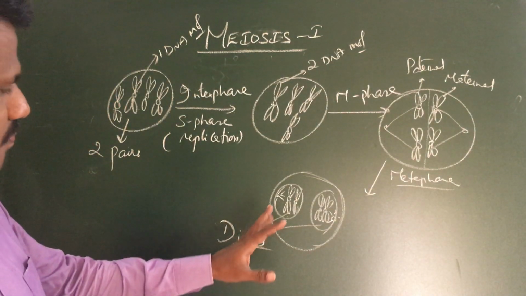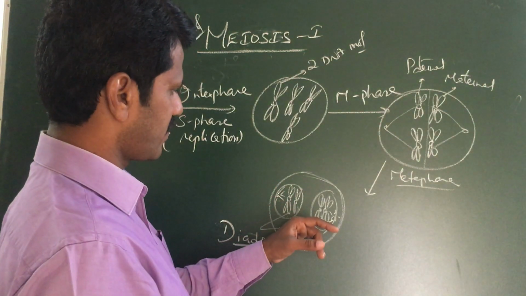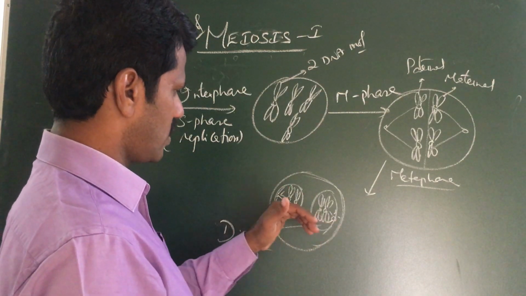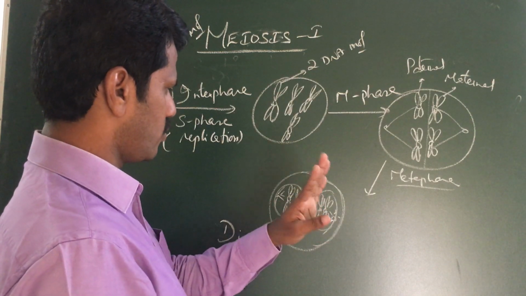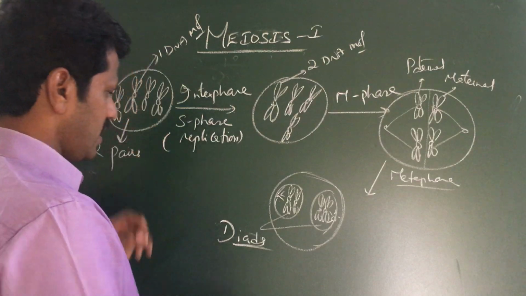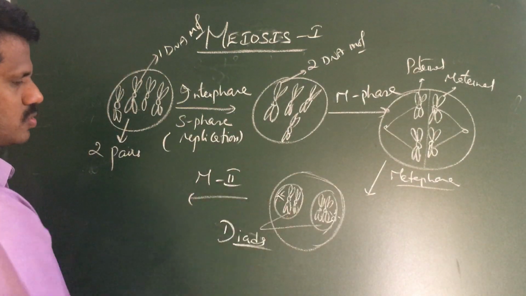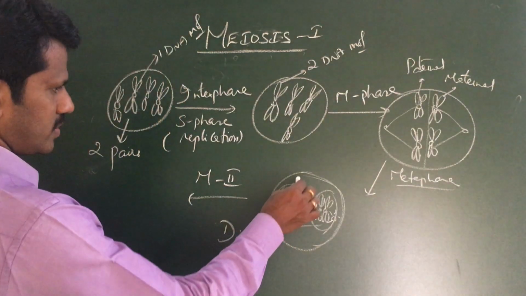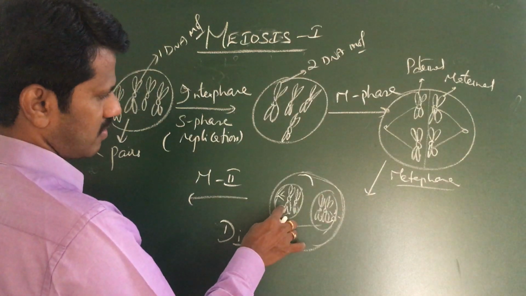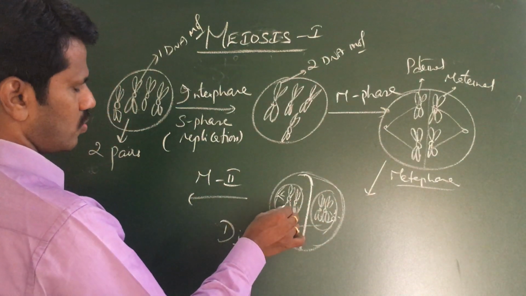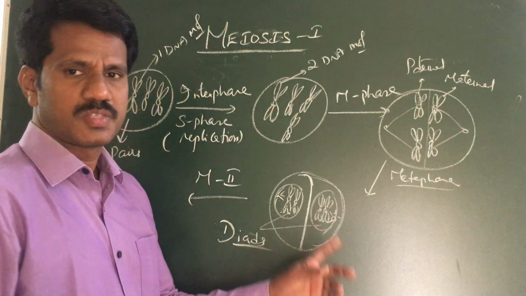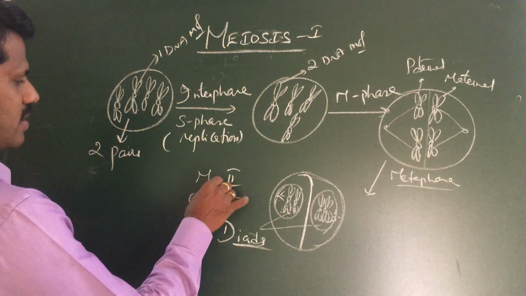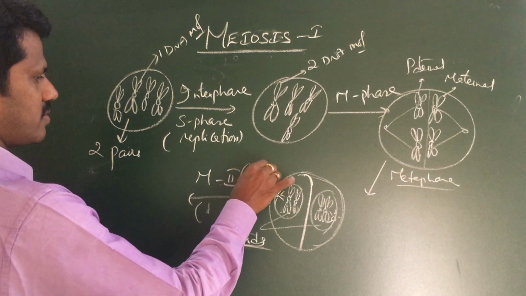Still, these chromosomes do not form 4 cells. Now in meiosis 2, when the 2 cells are formed, each one participates in meiosis 2, where they undergo a mitosis-like division.